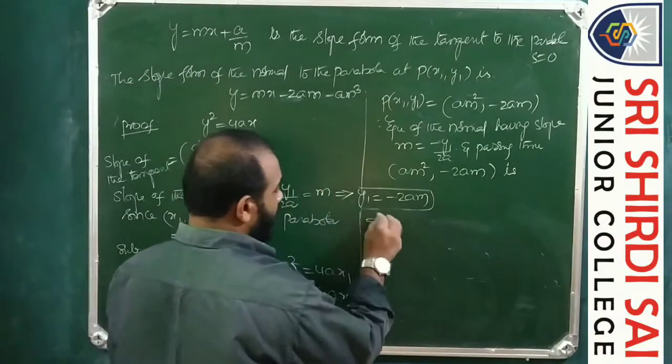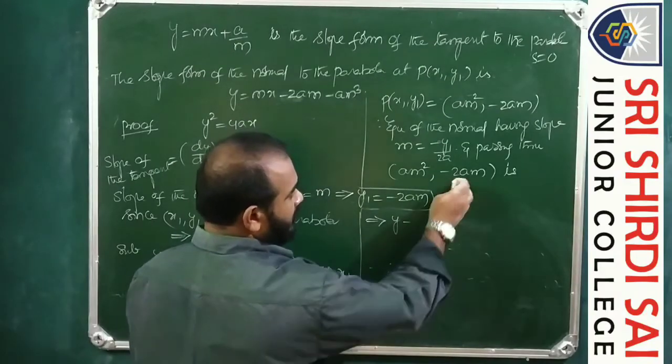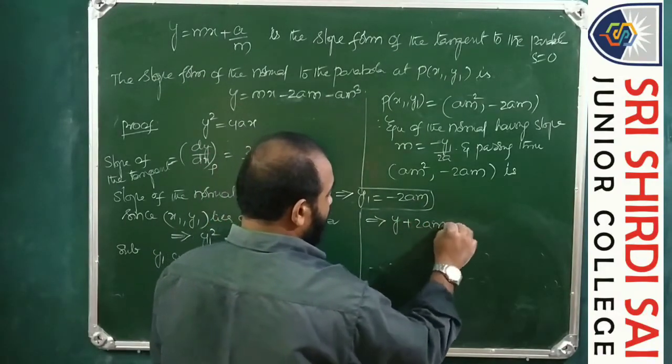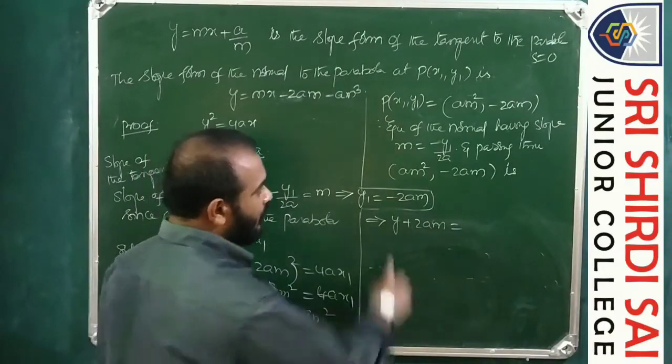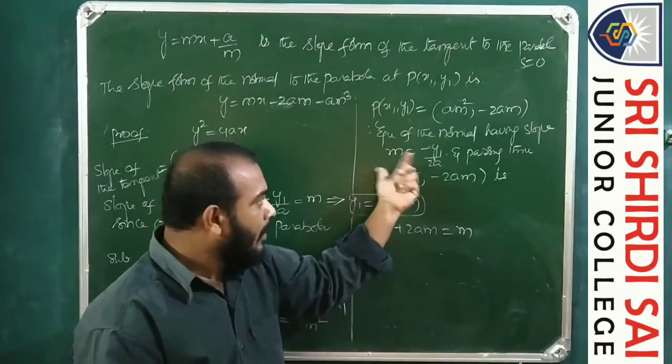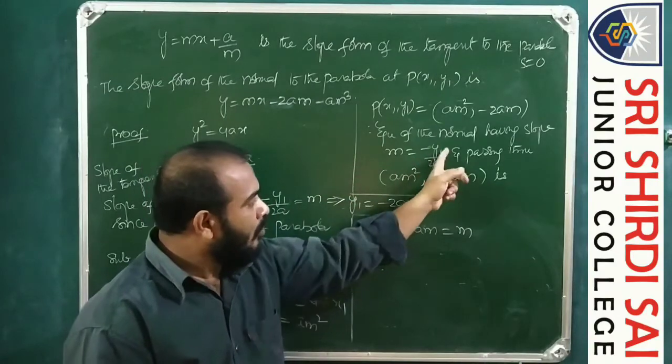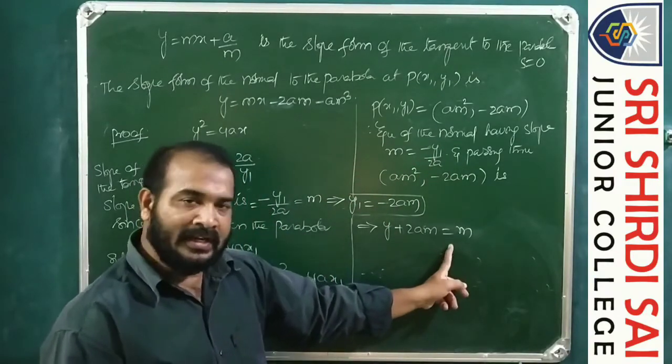So this is y minus y1 is minus of minus plus 2am equals m into x minus x1. Here I am not converting m into minus y1 by 2a, I am leaving it intact.